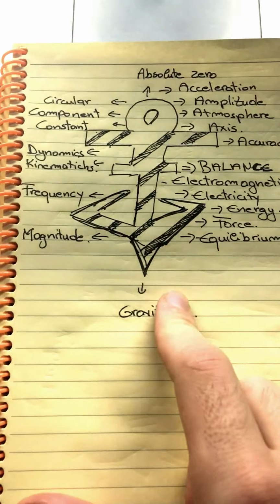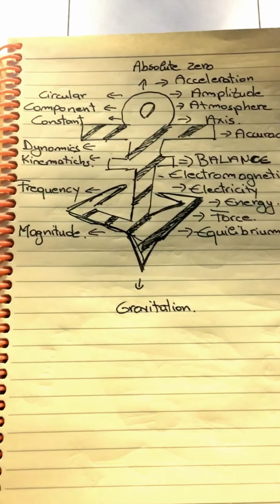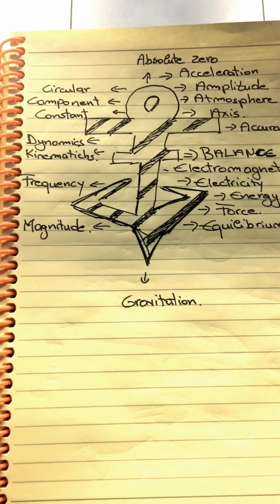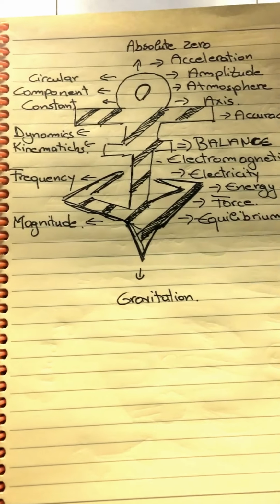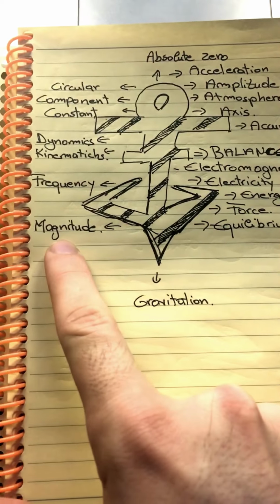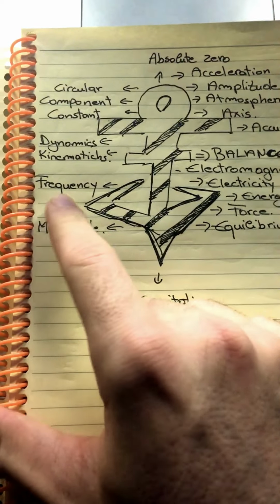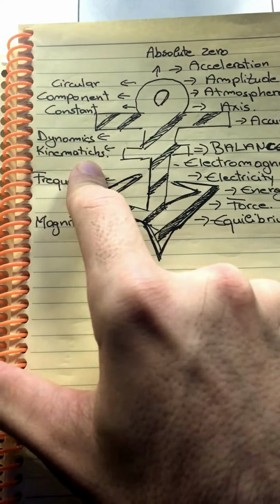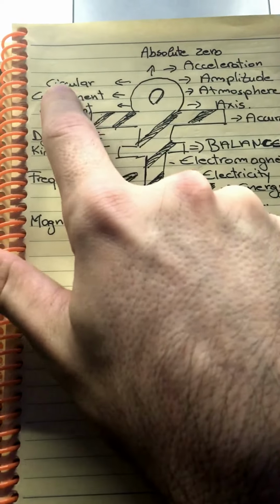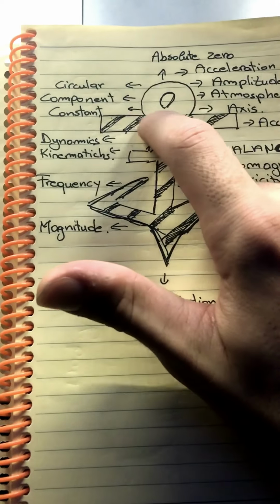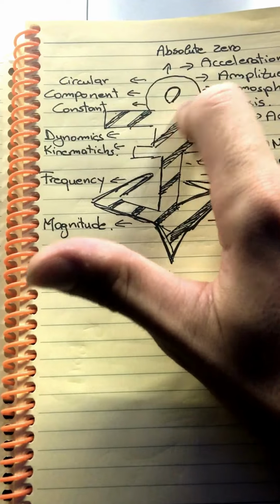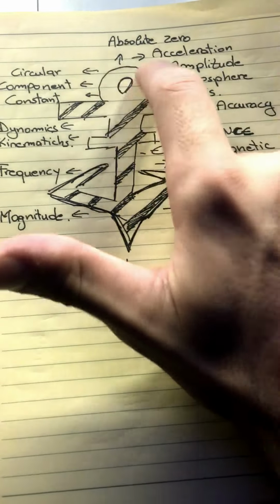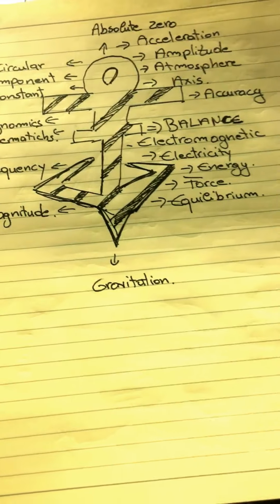You know that gravitation always goes down, as the center of the earth is always down with regard to us. I wrote magnitude, frequency, dynamics, kinematics, constant, component, and circular. I wrote circular motion because of the shape of this part of my object.